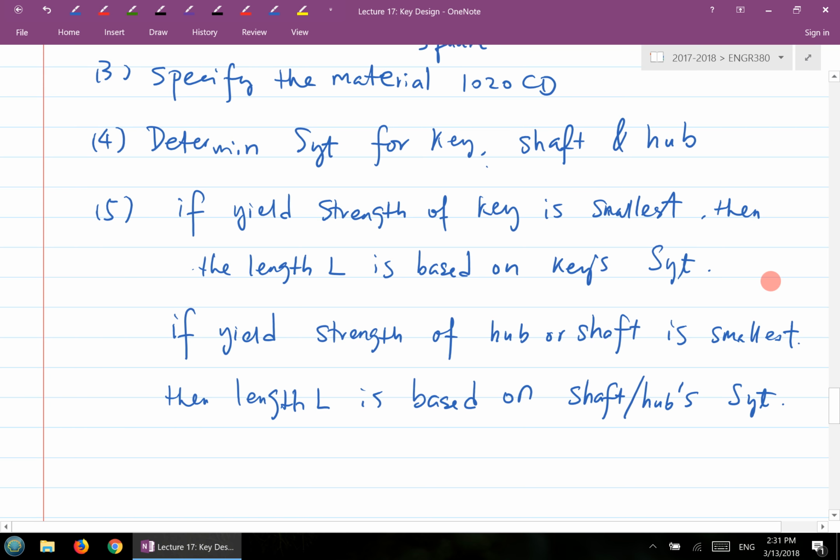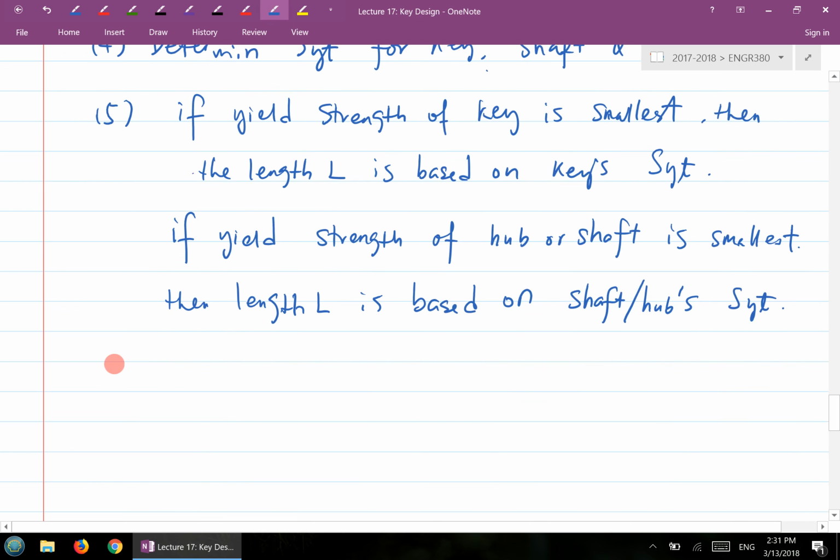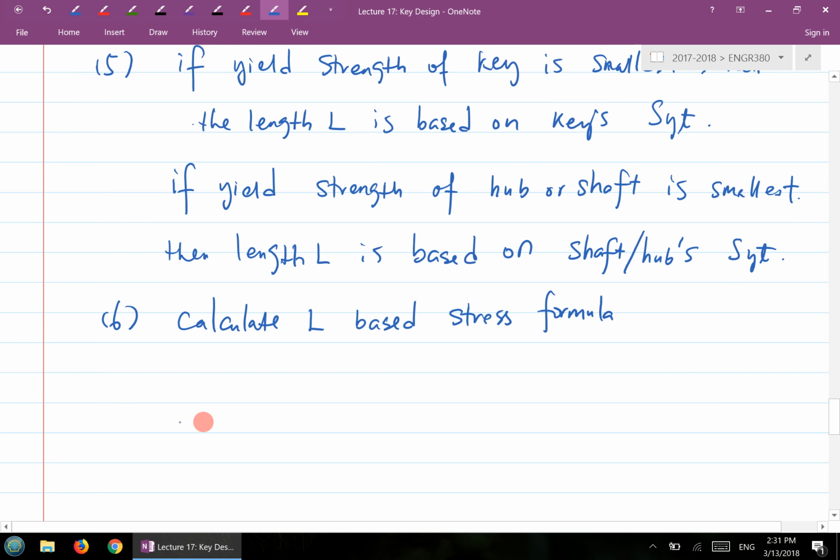That's why at step number 4, try to list the properties of the material first. Once you figure out which situation you're in, what we need to do is calculate the L, as I said, based on stress formula, which I'll show you shortly.